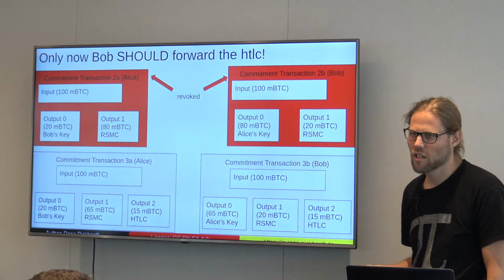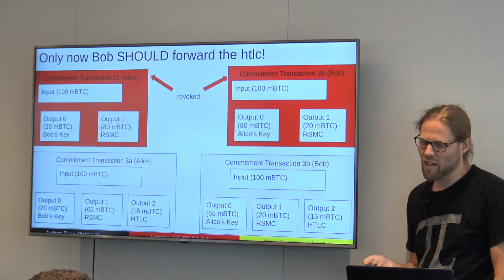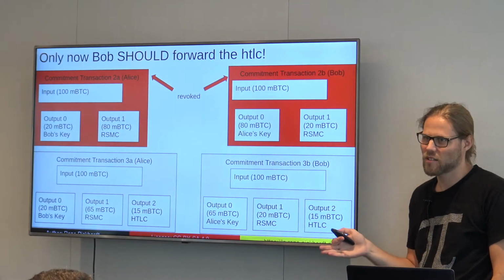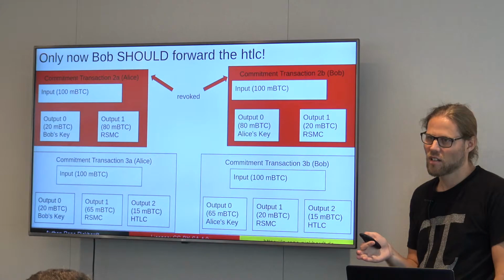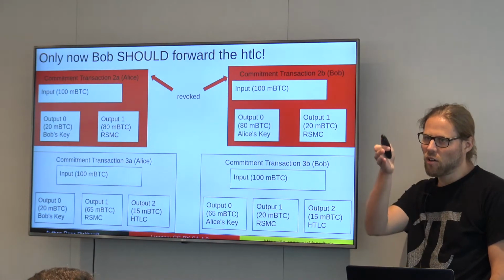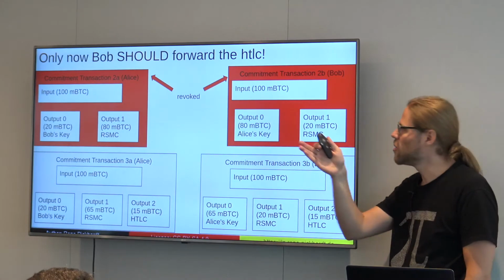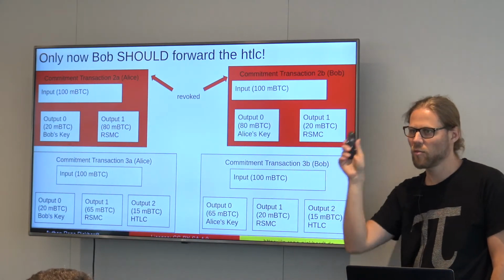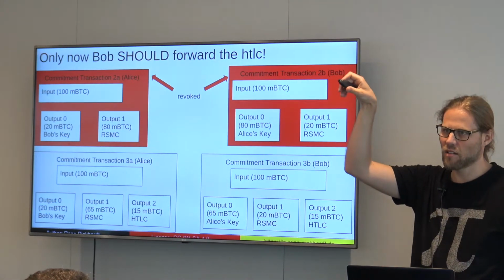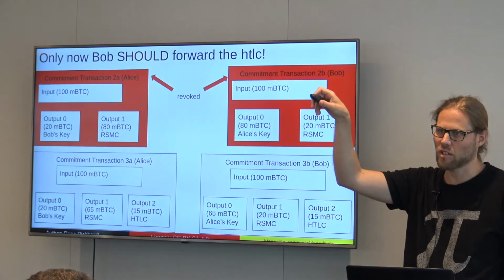The hash? In the penalty transaction, I mean, it's just the penalty path. So it's a transaction on top of a commitment transaction, right? That's what we're describing. No, I mean, in all stages of the commitment transactions, for all outputs, they all have a penalty path. And the penalty path always is the first line in the contract where if you have the revocation key, you can claim it.